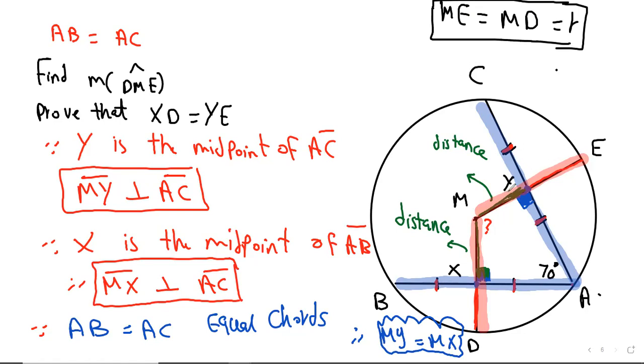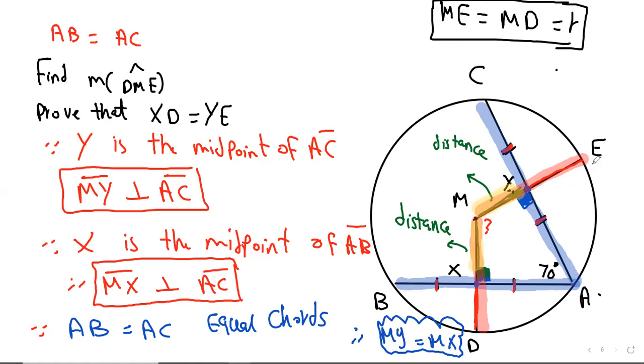Take MY from MD, this MD which is colored in yellow, take it from the radius. You are left with YE, and take MX from the radius. You are left with XD.